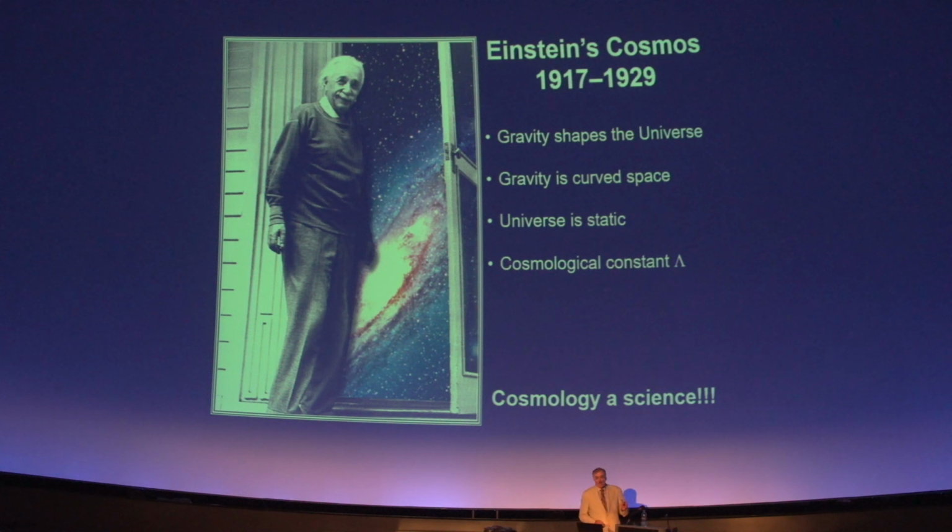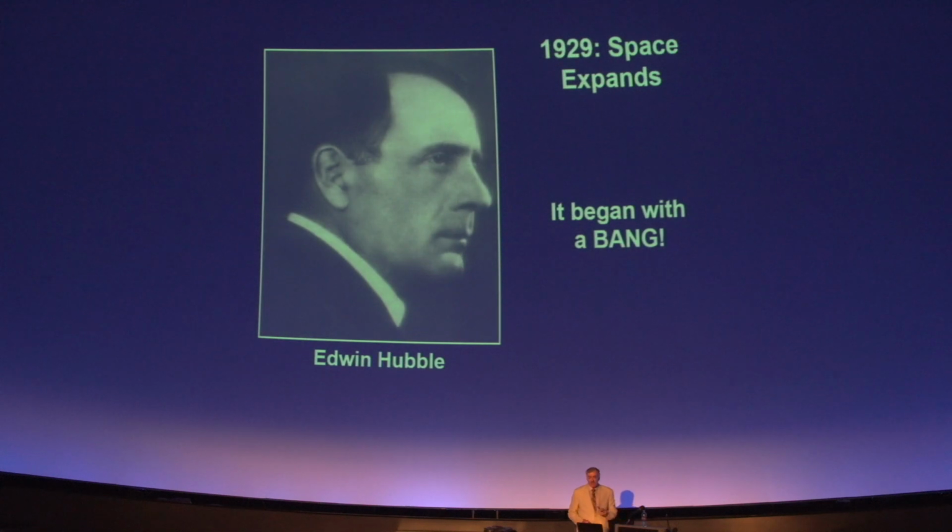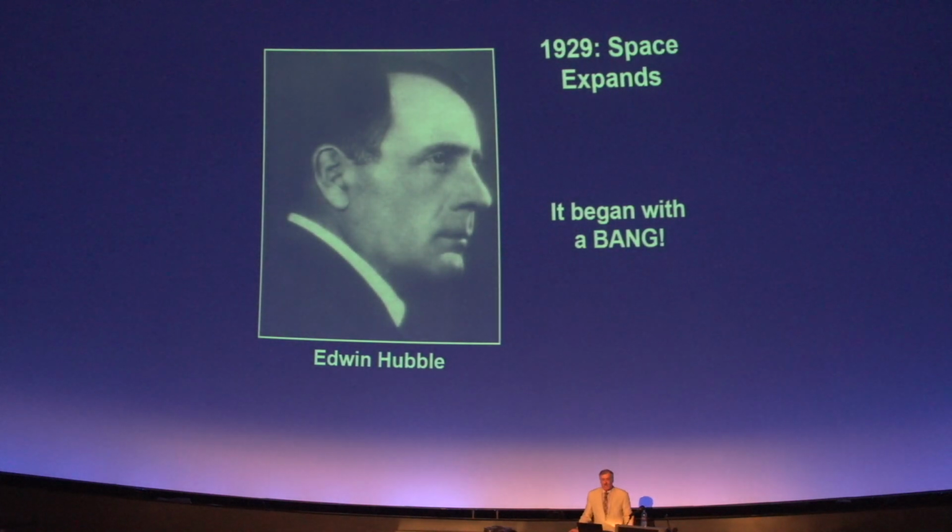And in fact, it was shown to be wrong by Edwin Hubble in 1929, when Hubble discovered that the universe expands, and a consequence of his discovery that the universe is expanding is that the universe began some finite number of years ago with a bang.